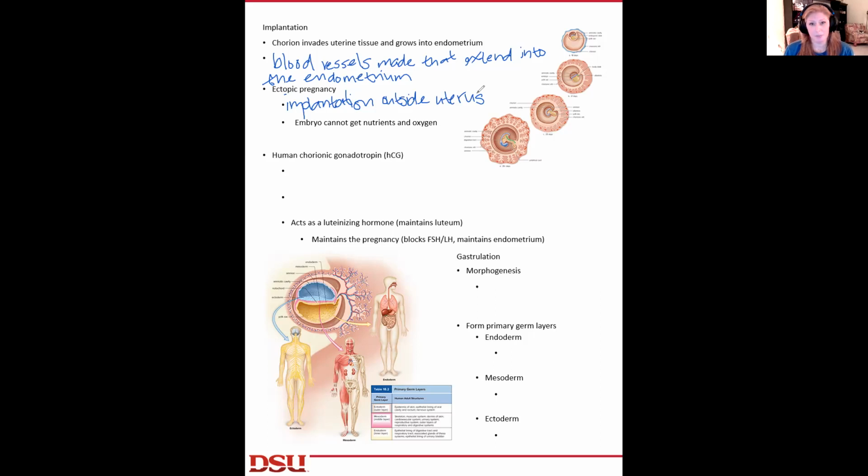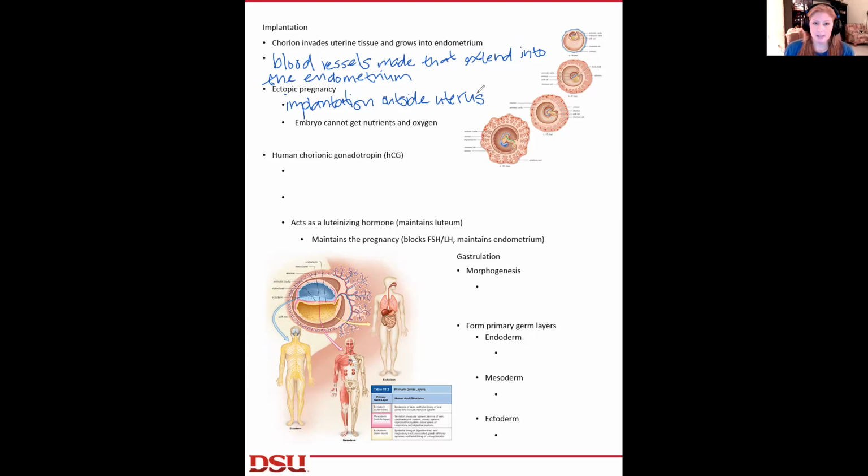That's not true of any other body part. So a fallopian tube can only extend so far before it will rupture. So even if the embryo is developing and cell division and all of that is taking place, eventually the size itself will rupture the fallopian tube.